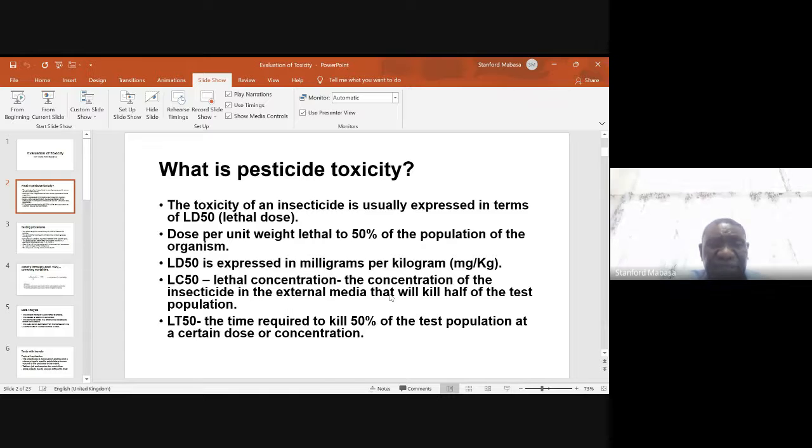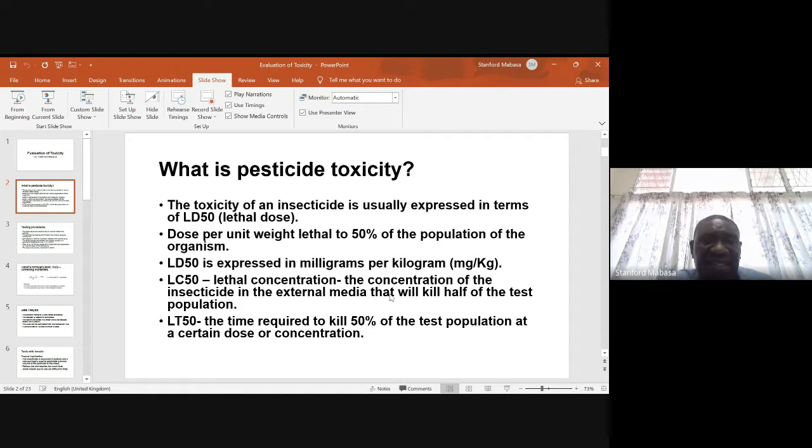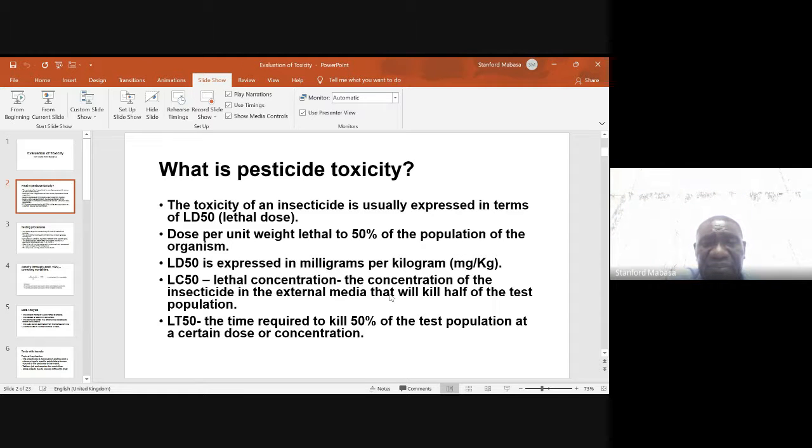So LD50 is expressed in milligrams per kilogram. So it is milligrams of the pesticide for every kg of the organism which has been targeted by the pesticide.